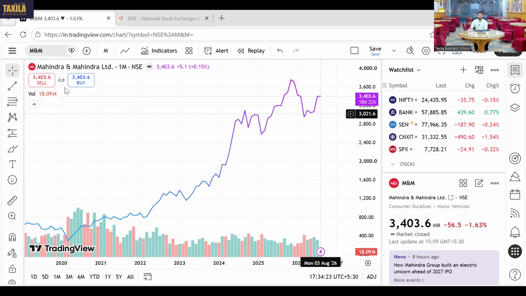everything falls down when the stock price goes down after you buy the stock. Every emotion goes out. See, I'm very positive about Mahindra right now. But if I buy this stock at the price of 3403, and if it comes down to 3000, at that point, I'll feel there is no bad company compared to Mahindra.